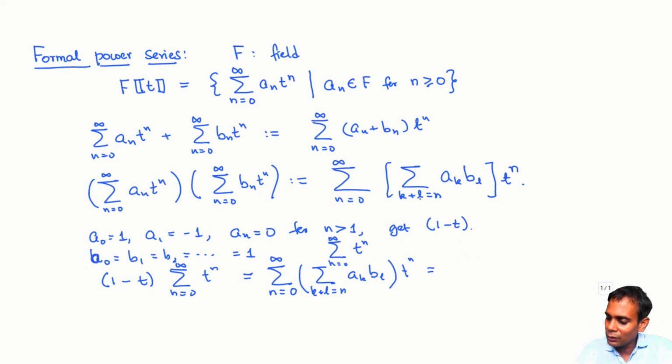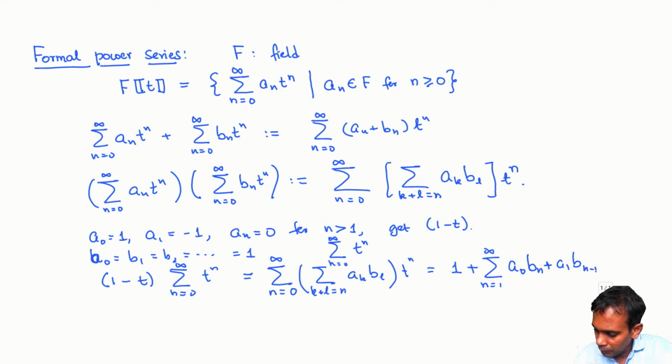The n equals 0 term is just k plus l equals 0, so that is a0 b0, plus sum n goes from 1 to infinity, and then you will get a0 times b_n plus a1 times b_(n minus 1), because a2, a3 and all are 0.